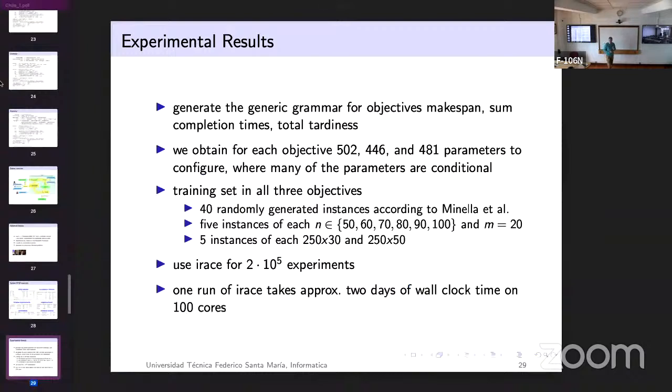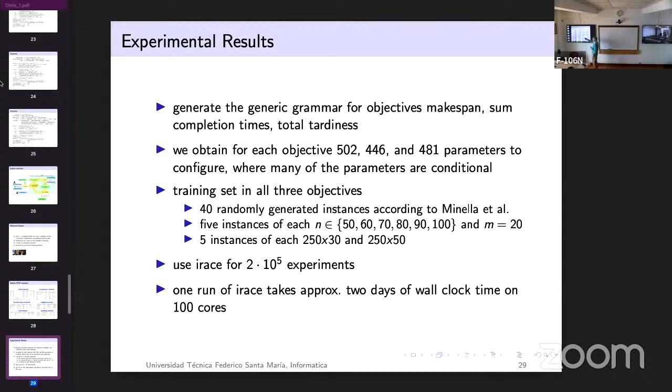So for the experimental results, we generate a generic grammar for the objectives: makespan, sum completion time, and total tardiness. So we make three objectives, and one also has to say that the permutation-based flowshop problems are like the TSP for routing problems.